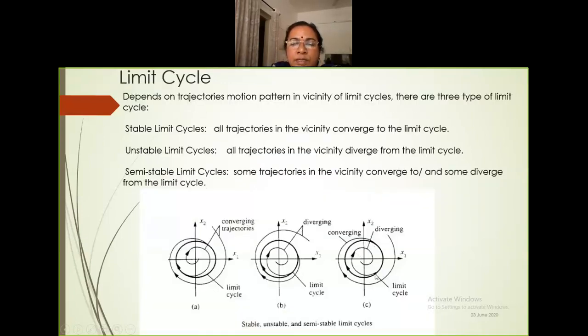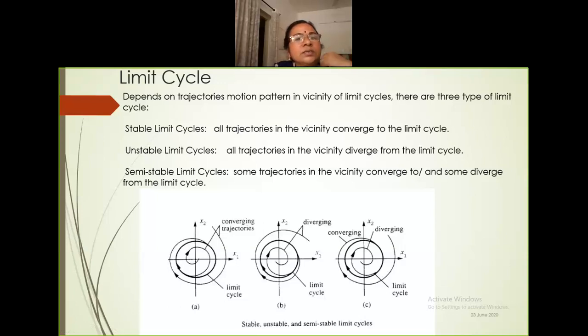Now take this nearby trajectory, you can see that it is moving away from the closed trajectory. So this one is called a semi-stable limit cycle. One is converging and the other one is diverging. Take this one, it is diverging. Take this one, it is converging towards this closed curve. So that is the semi-stable limit cycle.